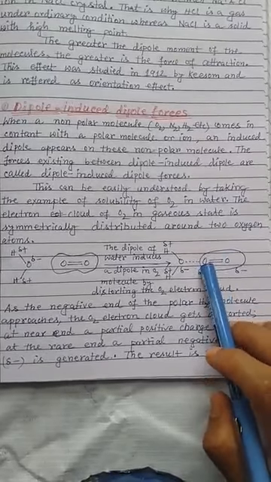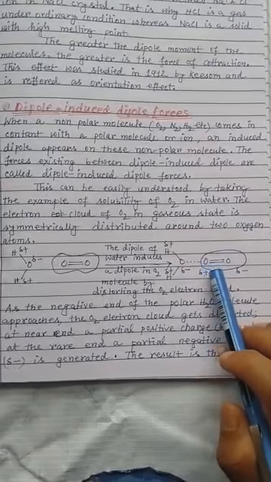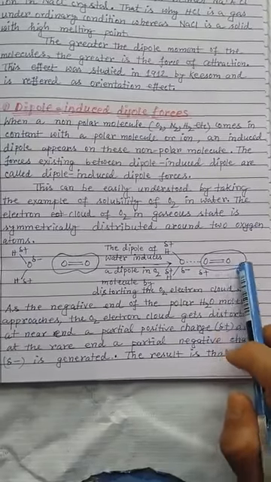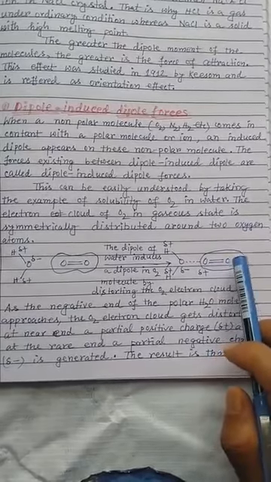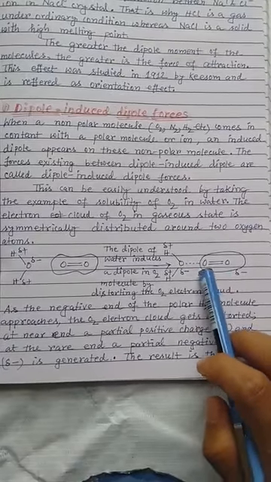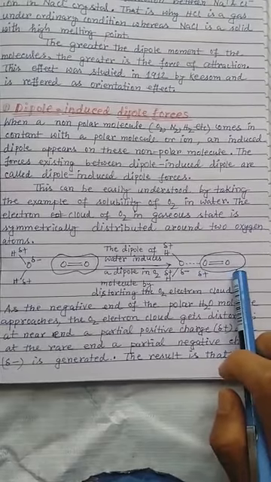That means at this end there is a slight decrease in electron cloud density, and at the other end a slightly higher density. Because of this distribution of the electron cloud around the oxygen molecule in the presence of water, a delta positive charge originates here and a delta negative charge originates at the rear end.